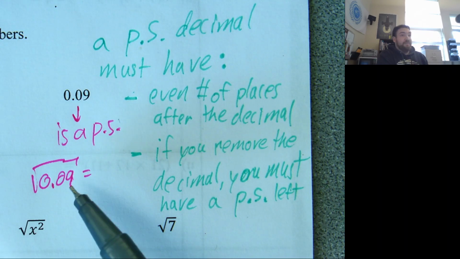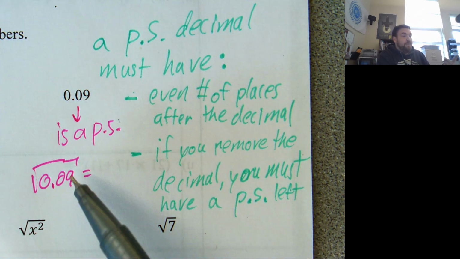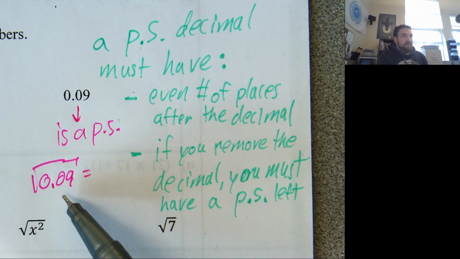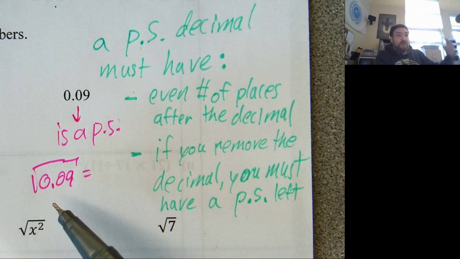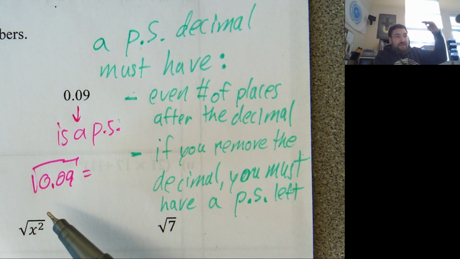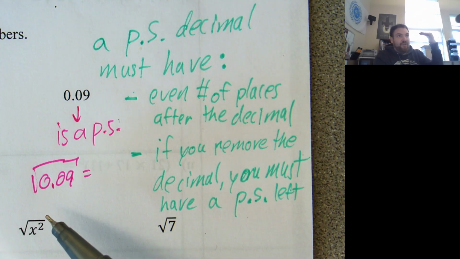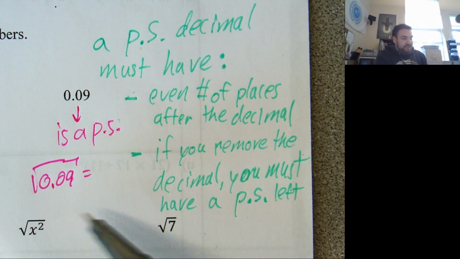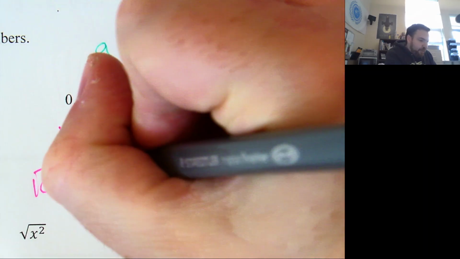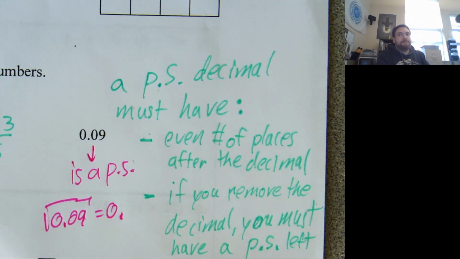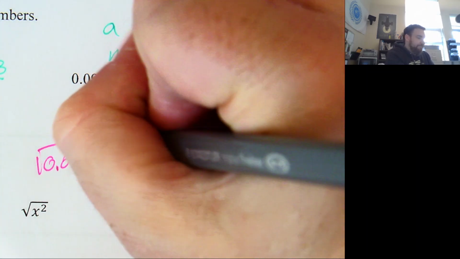How many decimal places does the thing that multiplies to 0.09 have to have? 1. Because it's going to multiply by itself. So one decimal place is going to multiply by another 1 decimal place to give us the 2 decimal places here. So it's going to be 0 point something. What is it going to be? It's going to be 0.3.